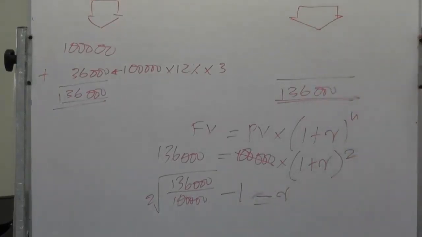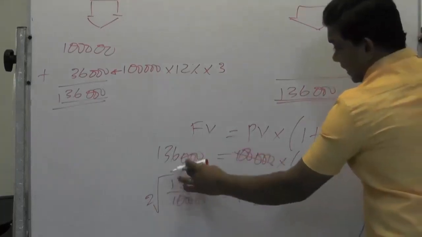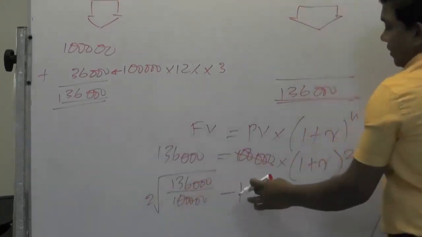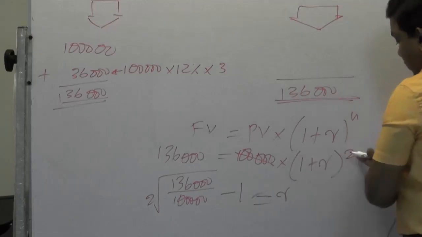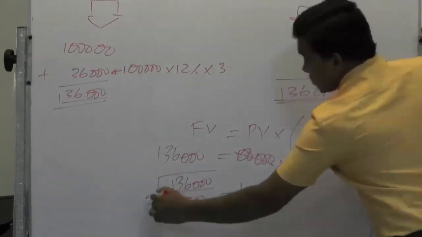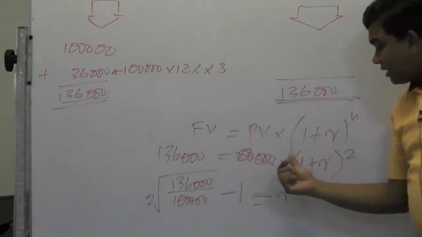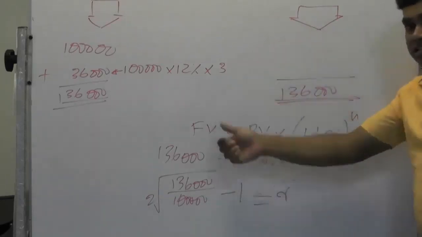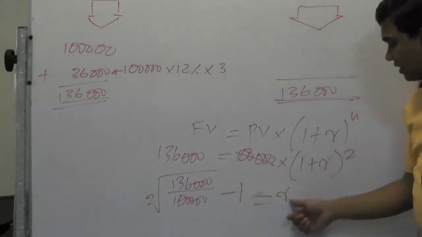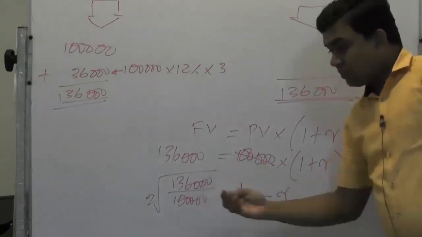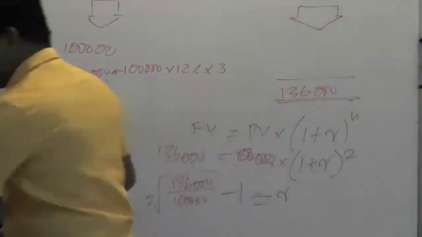What have we done? We have taken 100,000 to the other side, therefore 136,000 divided by 100,000. Then we have taken power 2 to the other side, square root of 2. Then we have taken 1 to the other side, which was plus 1. Once it goes to the other side, it is minus 1. Therefore the interest rate will be the answer of this. What is the answer of this?